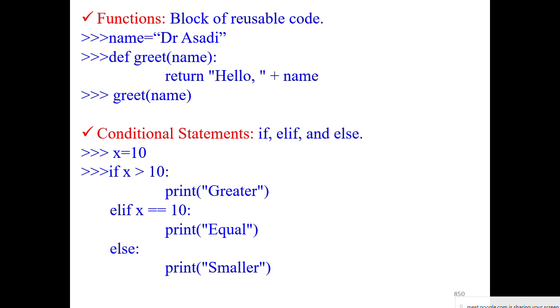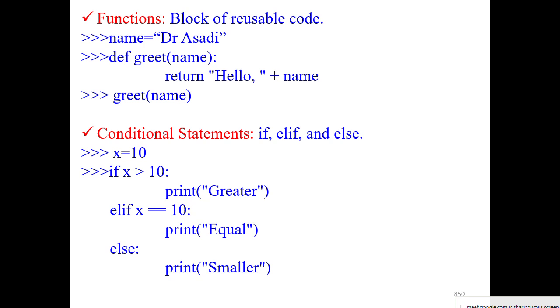Return "hello " plus name, which means hello Dr. Asadi. I'm calling the function greet(name), and if you execute it, with name equal to Dr. Asadi, it will print hello Dr. Asadi. So that is called a function.